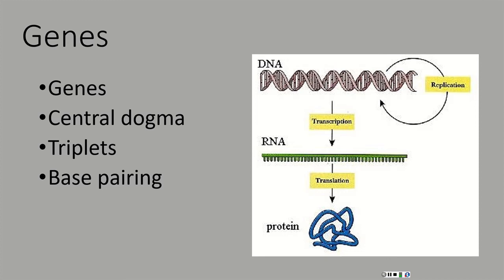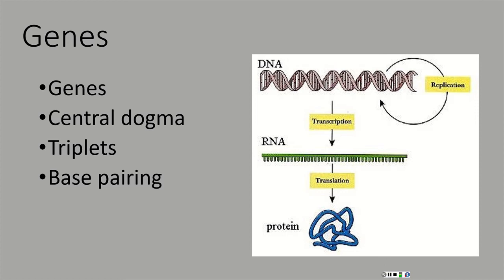A triplet is 3 of those letters, 3 of those nucleotides, that codes for a specific mRNA, messenger RNA. Now, if that doesn't make sense, don't worry, because we're going to apply that in just a couple of slides. But for right now, the definition: a triplet is 3 letters of DNA, or 3 nucleotides of DNA, that code for a specific strand of mRNA.